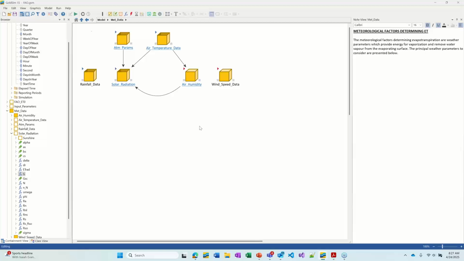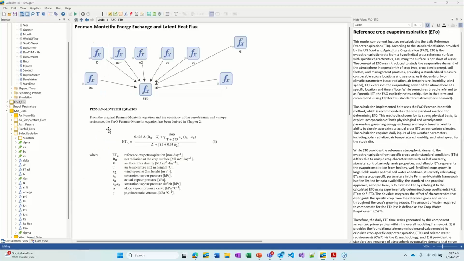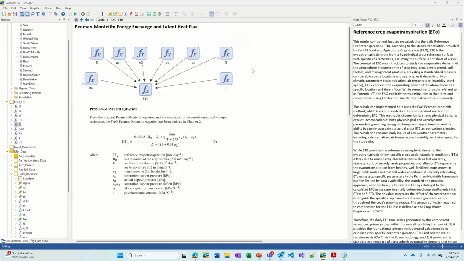Okay, so then we go all the way up to where we then do the Penman-Monteith equation. So when we go in here, I've just pasted an image from the document of the equation. This is the equation. Now, I've repeated all of these input parameters because this is a unitless equation, and because of that, I just want to make sure that I have all these units exactly correct.